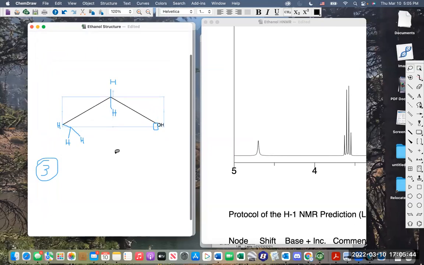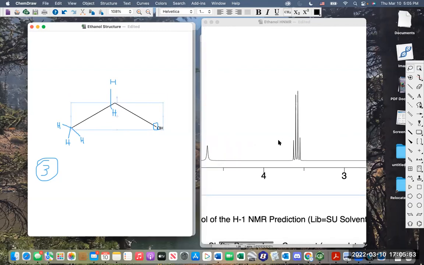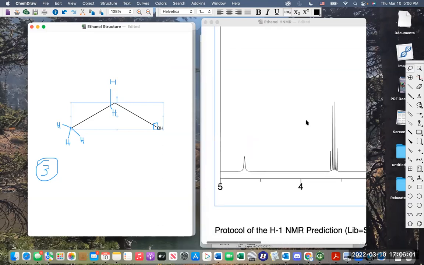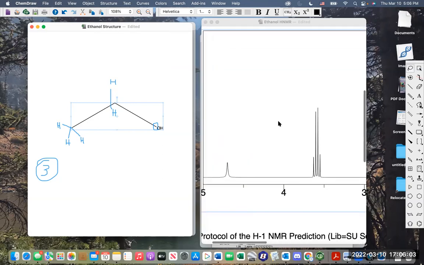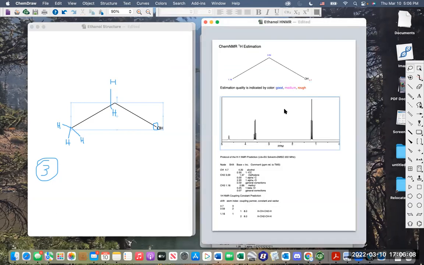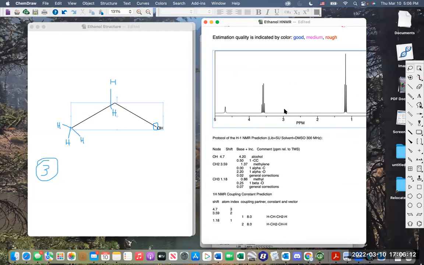The last thing we need to talk about, and I just messed up my diagram here. But the last thing we need to discuss for this particular spectrum is the integration of each signal. So simply put, the integration or the area under the signal is a useful tool to determine how many hydrogens each signal represents.